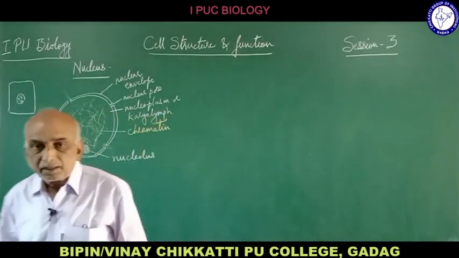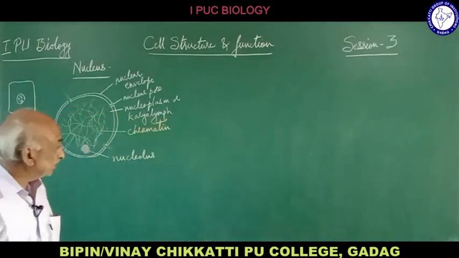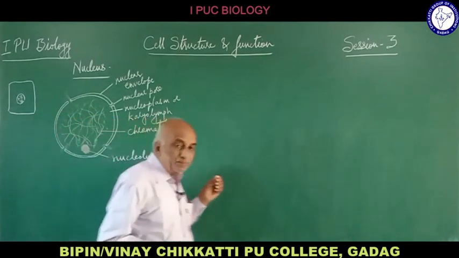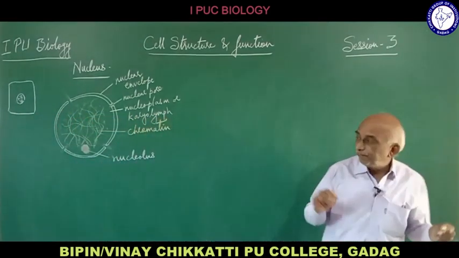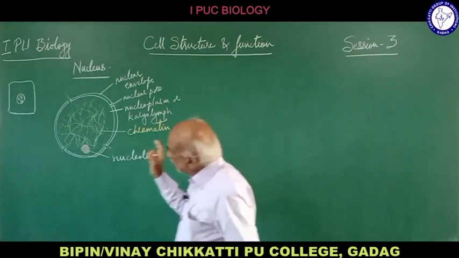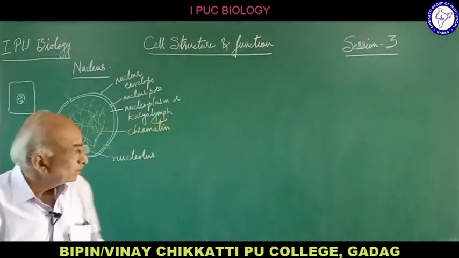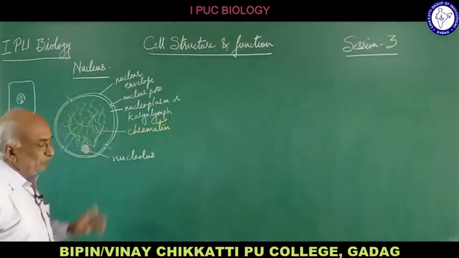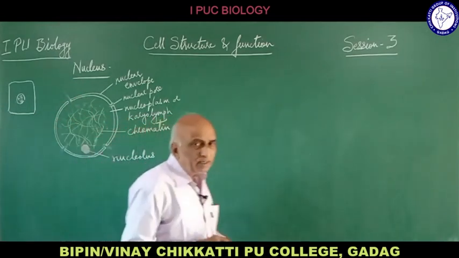So this ribosomal RNA, which is associated with the ribosomes, is present in the nucleolus. That is actually the content of the nucleoplasm. So this nucleus is usually spherical in shape.